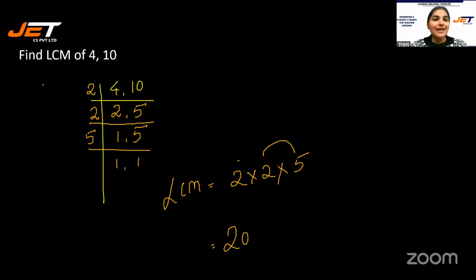Let's do the LCM of three numbers, which are 6, 8, and 10. In the same way, you have to take the smallest prime number which can divide them. So I know that 6, 8, and 10 all are divisible by 2.